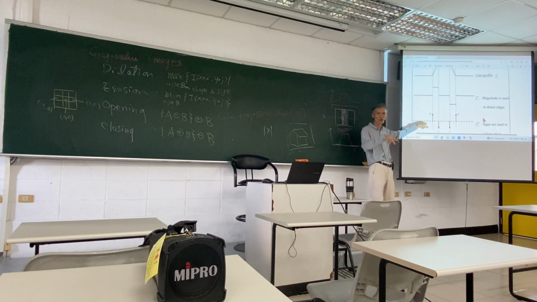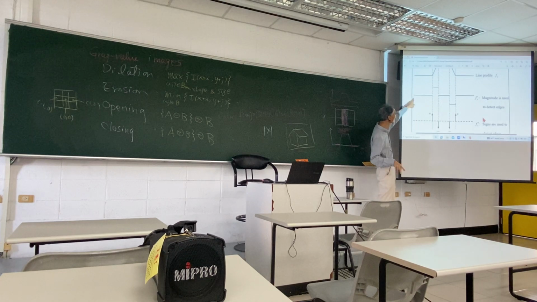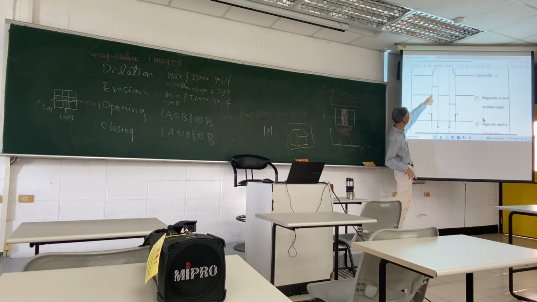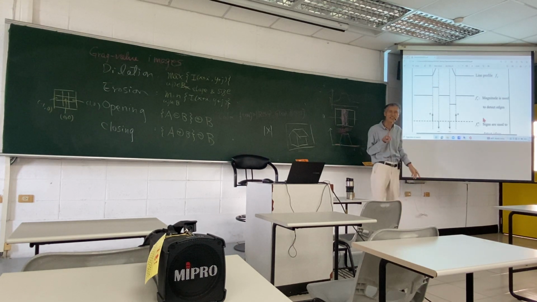So again, we take the derivative of this signal. Everything becomes 0. Now, the derivative here will become what? Positive, because this is larger and this is smaller. When I say derivative, we simply calculate the difference. That's it.